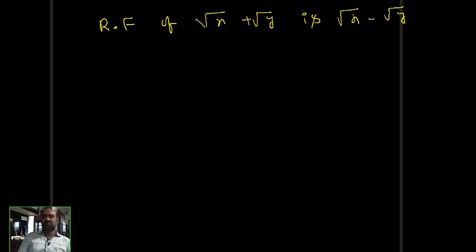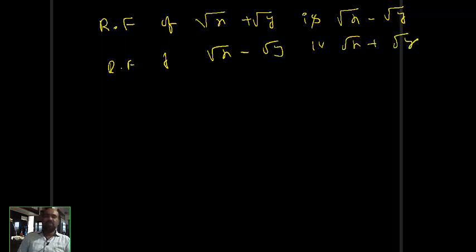If the product is a rational number, then A and B are said to be RFs of each other. That's all. I am not using the concept of conjugate. For conjugate, the addition and the product should both be rational numbers. Here it is only the product. So the RF of root x plus root y is root x minus root y, or the RF of root x minus root y is root x plus root y only.